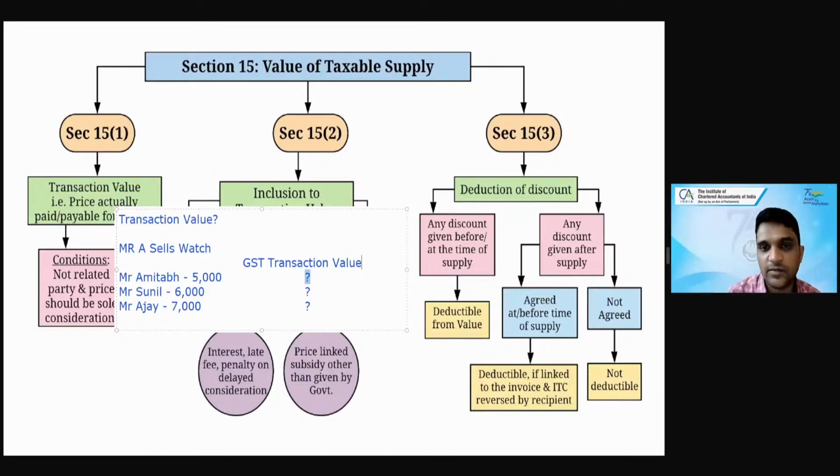And of course, everybody is given a disclaimer that if in your situation you have not mentioned whether it is a related party or what the price is... If the transaction is between two unrelated parties and price is the consideration for what I am selling to Amitabh, then the GST transaction value is 5,000 for him. For Mr. Sunil, it is 6,000. And for Mr. Ajay, it is 7,000, which means whatever price I charge, that is the transaction value.